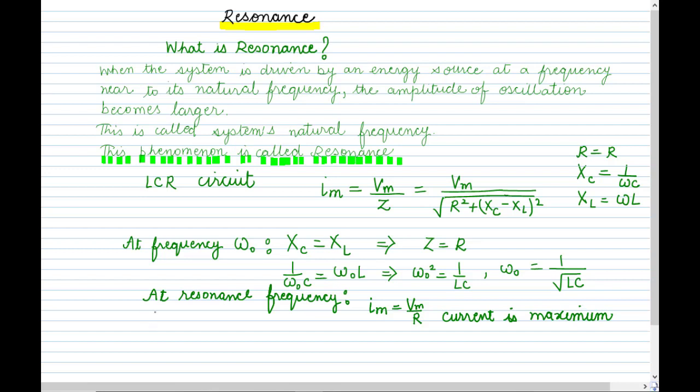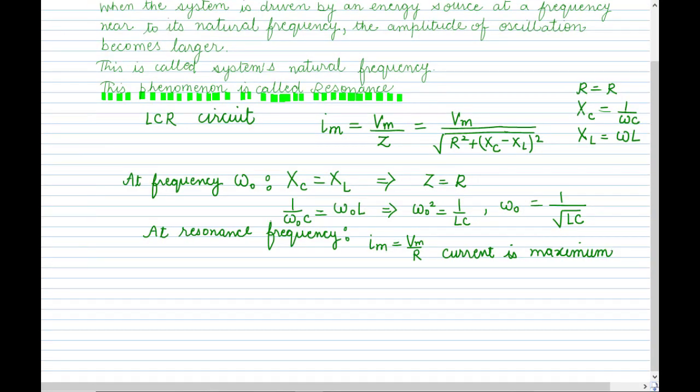Say for example, if you want to plot a graph between the angular frequency omega and the current I, we can take it like this. On the horizontal axis we take the angular frequency omega, and on the y-axis we take the maximum amplitude of the current, in ampere.